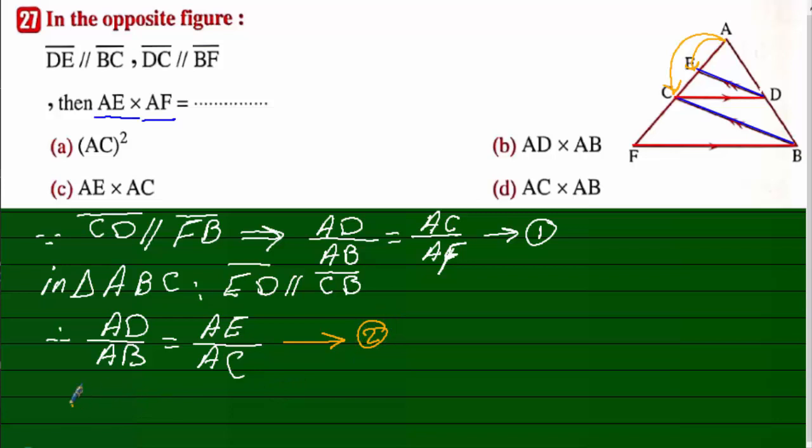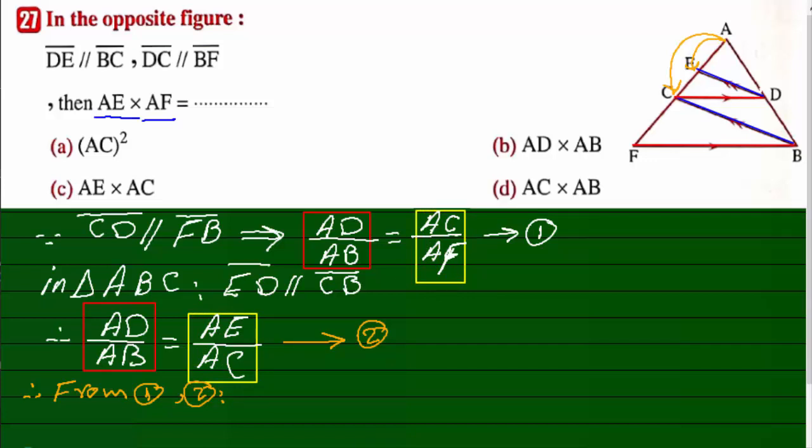And from 1 and 2, let us concentrate on 1 and 2. We have here AD over AB, and also here AD over AB. It is the same. So the left-hand sides are equal, and the right-hand sides are equal in these proportions.